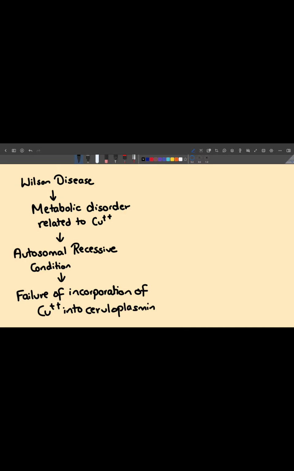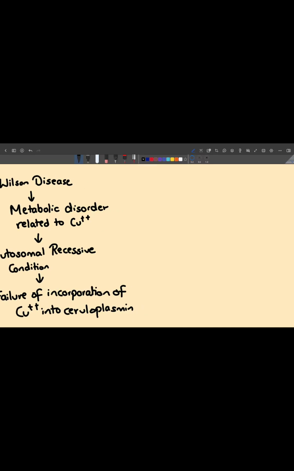If you ask what is ceruloplasmin, you could say it's like a storage form of copper, just like how excess iron is stored as ferritin. Copper is stored as ceruloplasmin in our body.